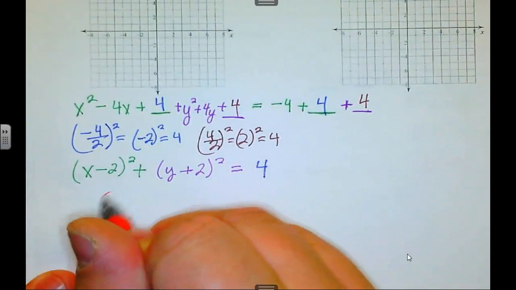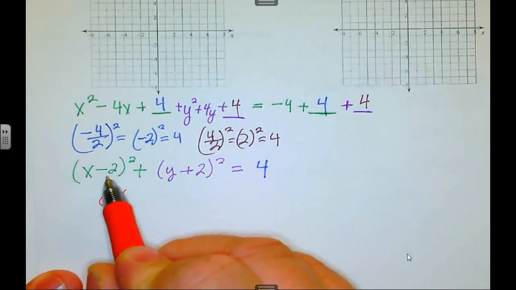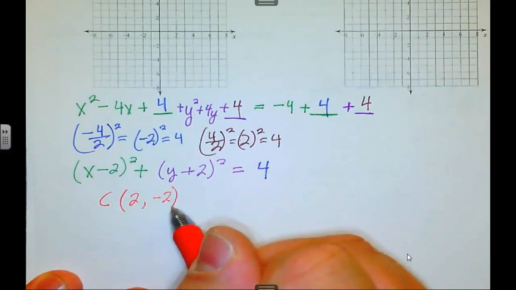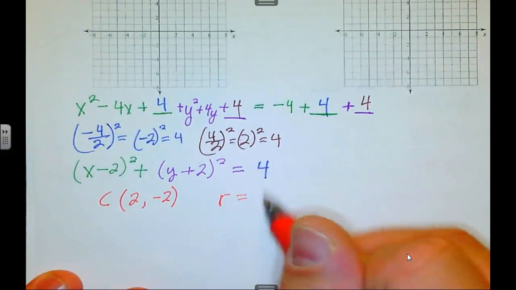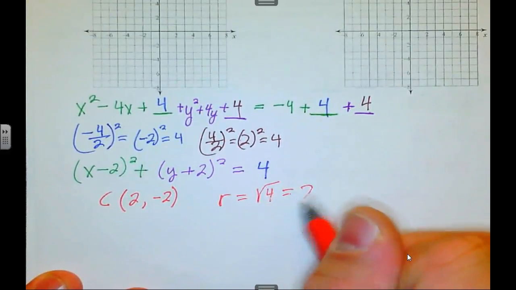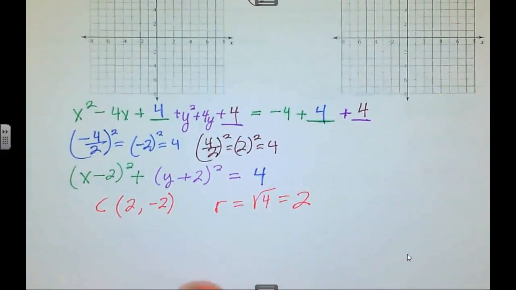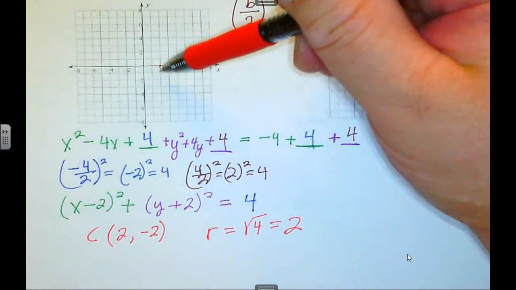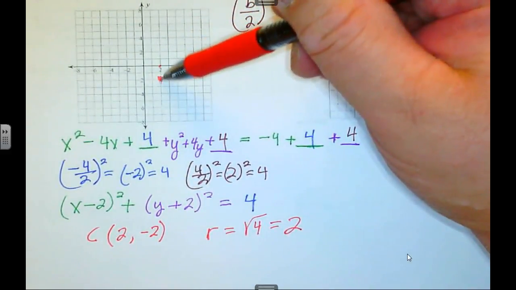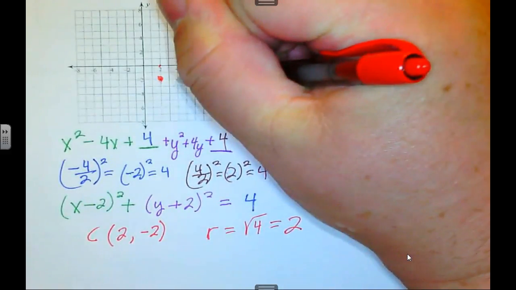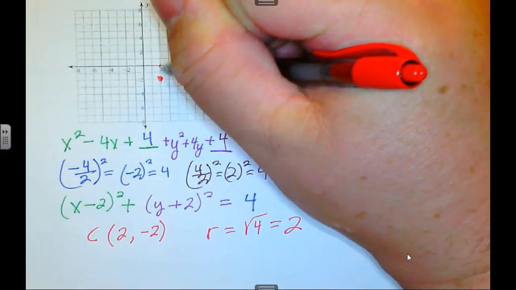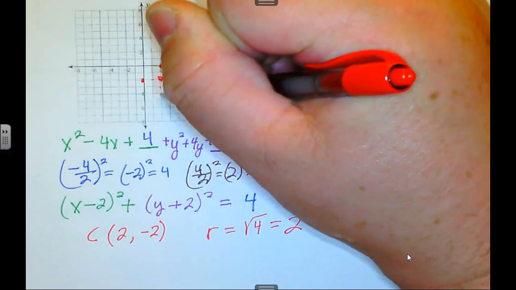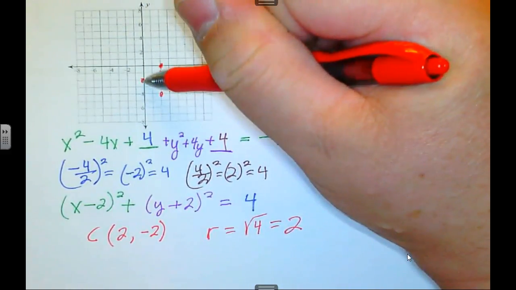So my center is 2, negative 2. And my radius is the square root of 4, which is 2. Okay, so my center, that's 2, negative 2. Radius is 2. 2 that way, 2 that way, 2 that way, 2 that way, and draw your circle.